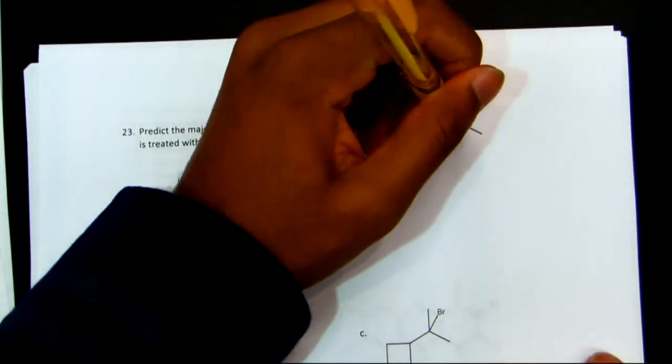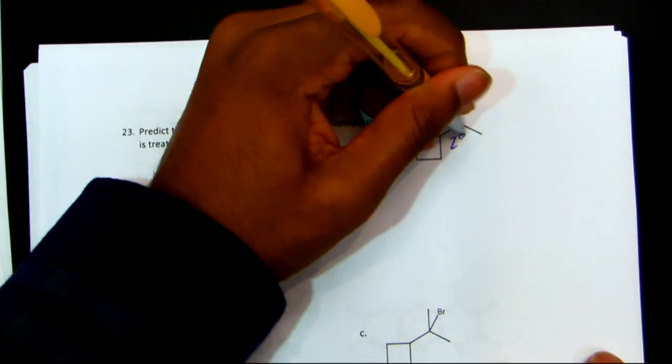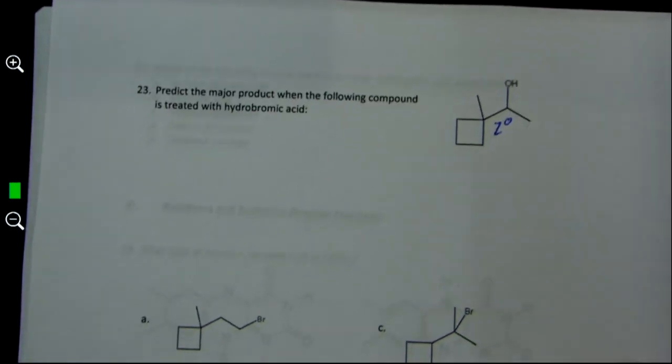Knowing that, we have a pentane ring and a cyclobutane. The alcohol is secondary and we have substitution, so do you think it's going to be SN1 or SN2? SN1 actually.